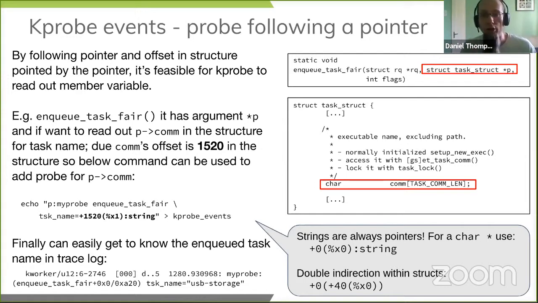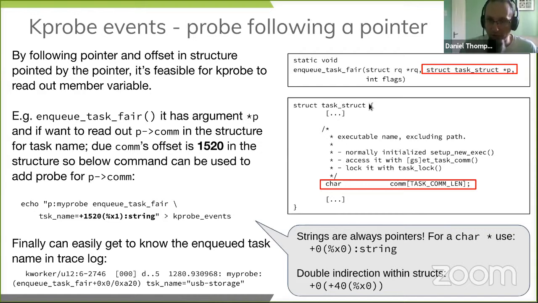Okay, so if we're trying to do a pointer offset, we've got an example here where we've got a task structure being passed to enqueue task fair. So x1 is the second argument. We've put brackets around it, and we said we would like to offset that at 1520 decimal, and we'd like you to treat that as a string.